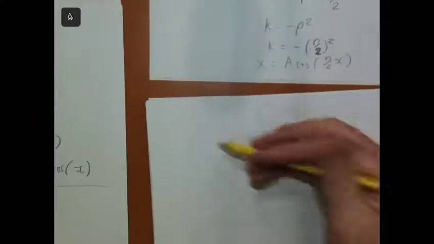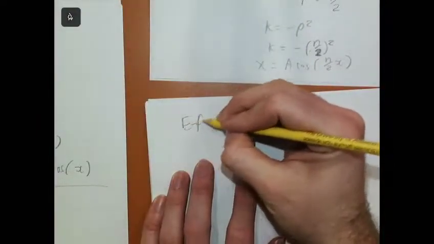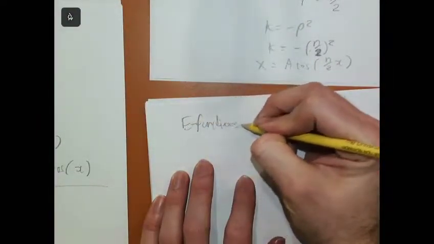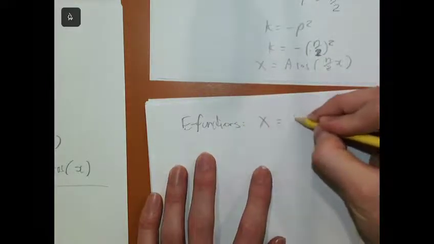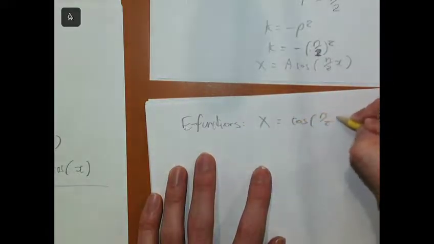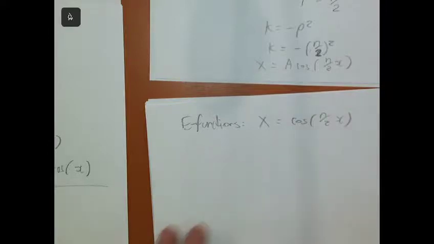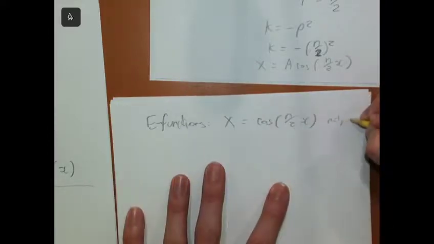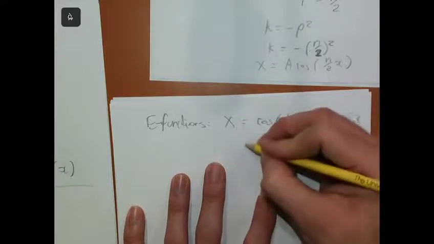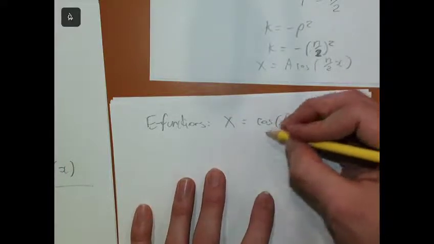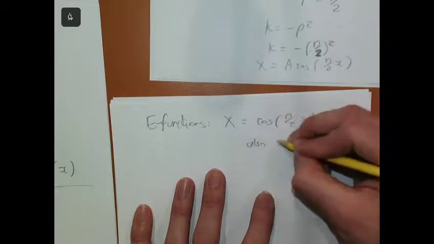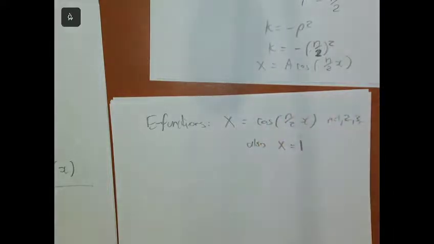That's all I'm saying. So my eigenfunctions are x equals cos n on 2 x. I don't need the a for n equals 1 and onwards. And also x equals 1. Remember that I had an a earlier?